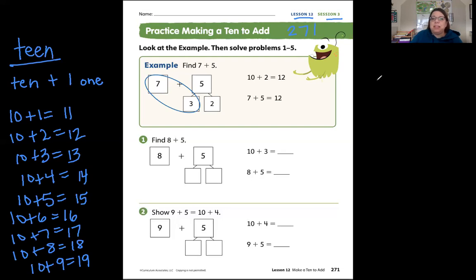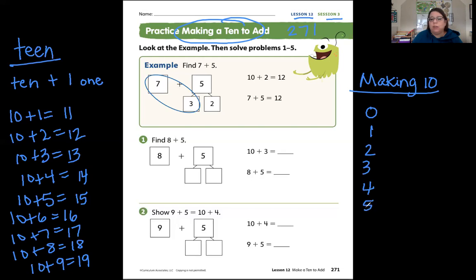The other thing that is important when we are making a 10 to add is to understand how to make a group of 10. So making 10 from any number. So if I have 0, 1, 2, 3, 4, 5, 6, 7, 8, 9, and 10, I need to know what am I going to add to these numbers to make 10.